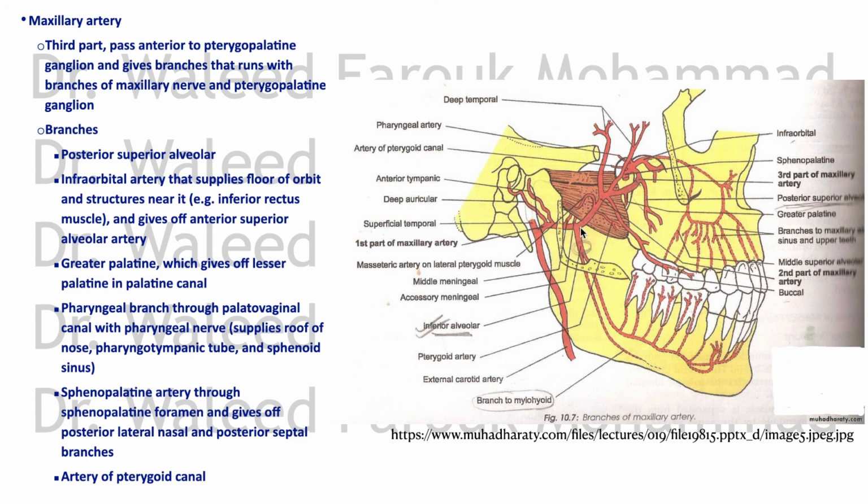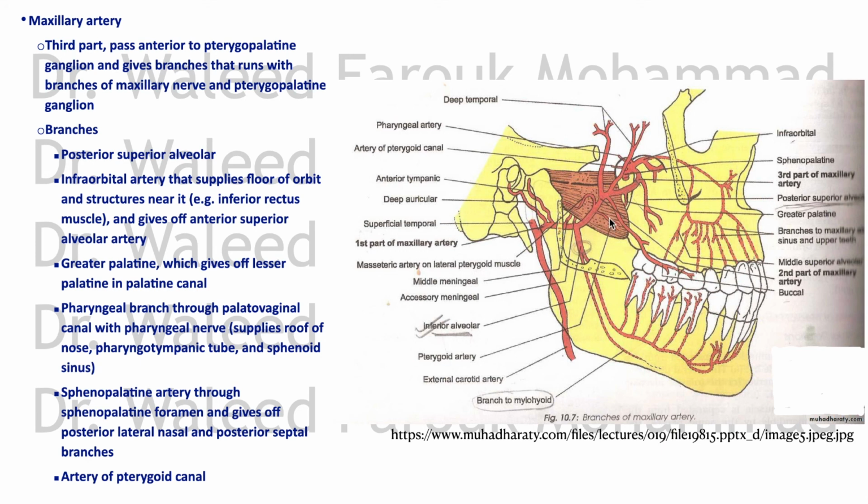It gives off a pharyngeal branch through the pharyngeal canal, the palatovaginal canal, accompanying the pharyngeal nerve. And the sphenopalatine artery goes through the sphenopalatine foramen to the lateral wall of the nose and supplies the lateral and medial walls of the nose by lateral and posterior septal arteries.